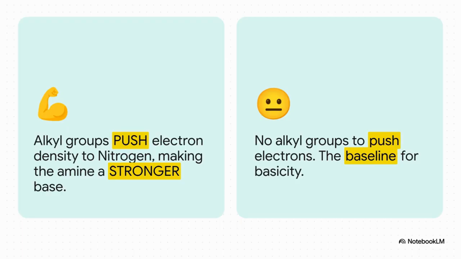Why? Well, those alkyl groups, the R groups we added, they have what's called a positive inductive effect. That's a fancy way of saying they actually push electron density toward the nitrogen atom. This makes that lone pair of electrons even more exposed and available to snatch up a proton, which in turn makes the whole molecule a stronger base.